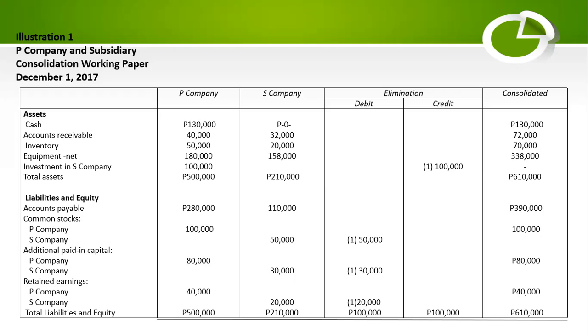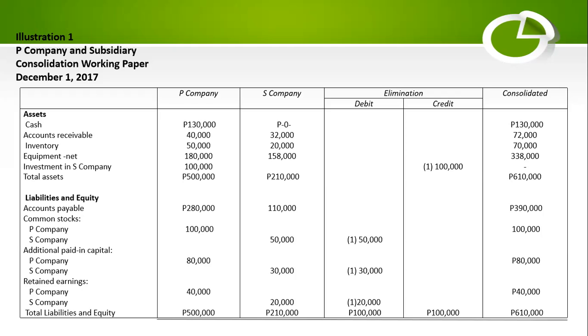And for the equity, only the common stock, APIC, and retained earnings balances of P company remain. We already eliminated the shareholders' equity account balances of S company, 50,000 credit and 50,000 debit, so that the balance is zero.